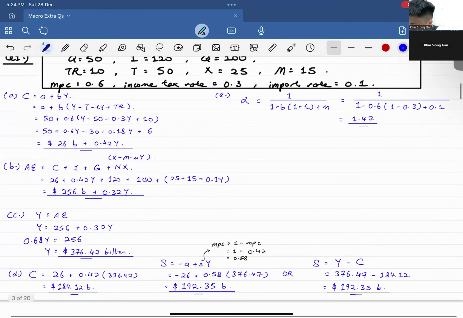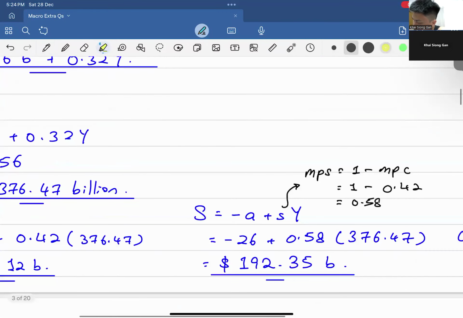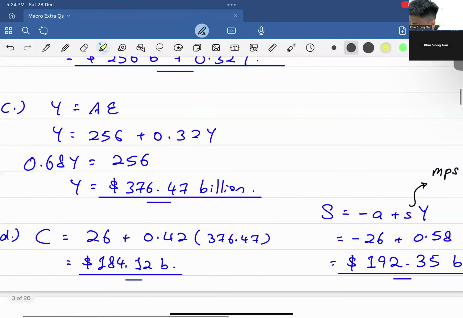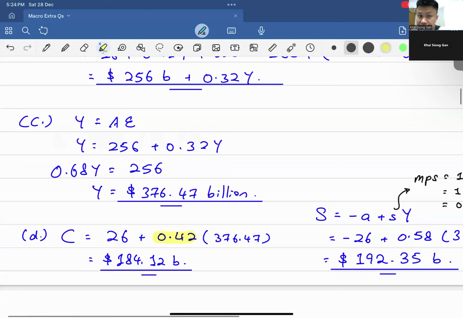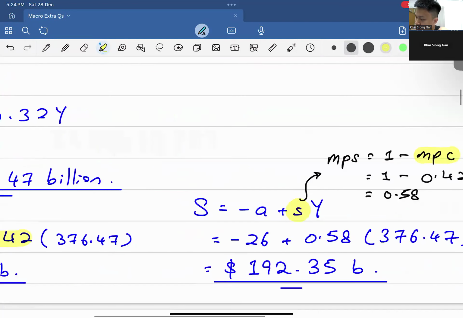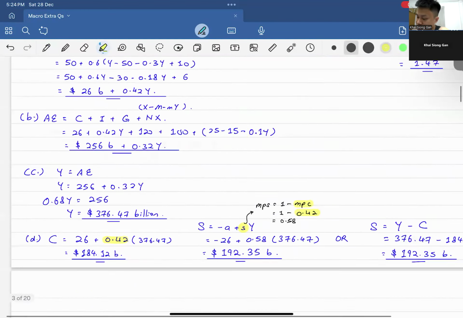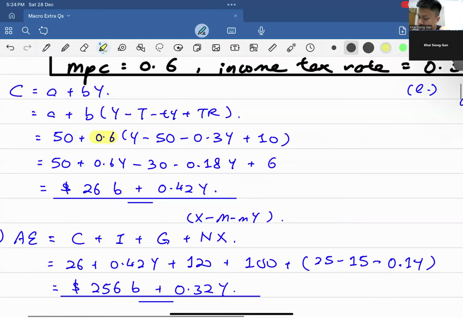Now, take note of one thing. Just now, when I used this MPC, I was using the one based on the consumption function, because after I expanded the formula, I got this MPC for the consumption function. So if I wish to find the MPS over here, that's why I'm using this 0.42 instead of the initial MPC, which is 0.6. After we form the consumption function, it changed.